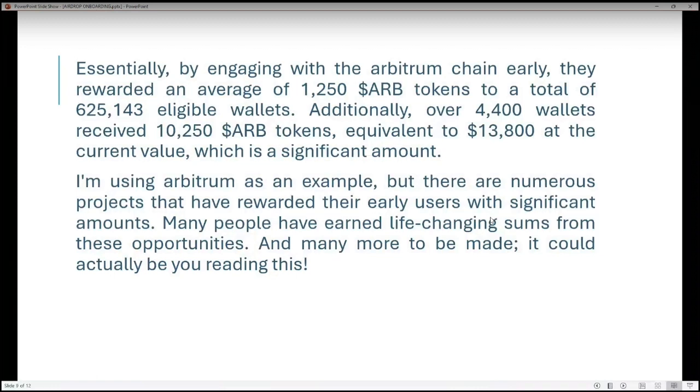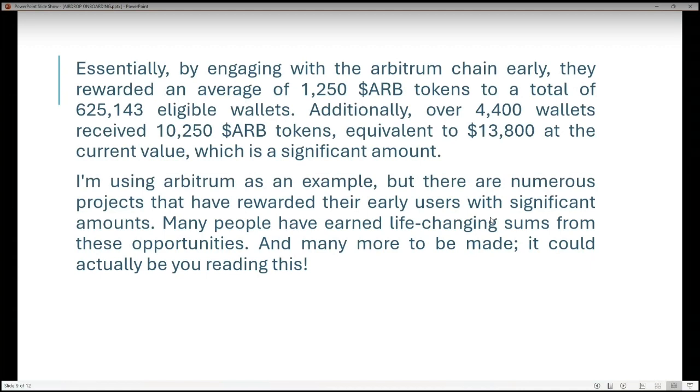Essentially, by engaging with the Arbitrum chain early, they rewarded an average of 1,250 ARB tokens to a total of 625,143 eligible wallets. Additionally, over 4,400 wallets received 10,250 Arbitrum tokens, equivalent to $13,800 at the current value, which is a significant amount.